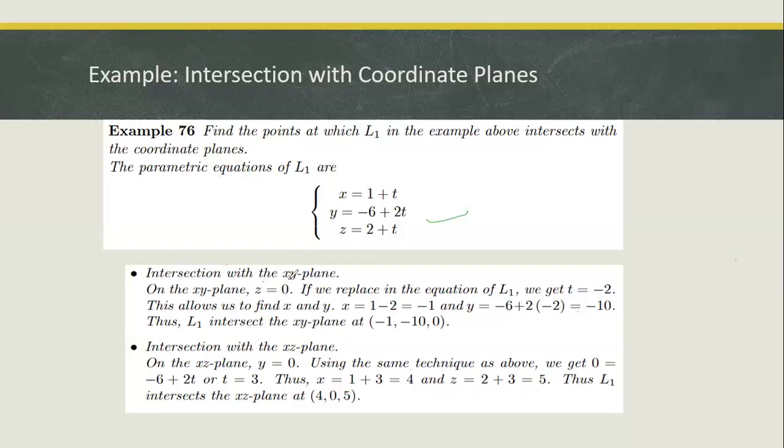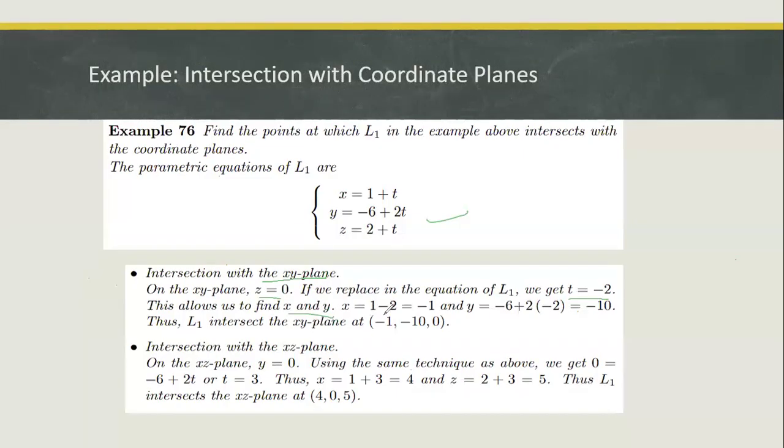So if we start with the intersection with the xy plane, we know that z would be equal to 0. And if we replace in the equation of L1, we will get t is equal to minus 2. This now lets us find x and y.